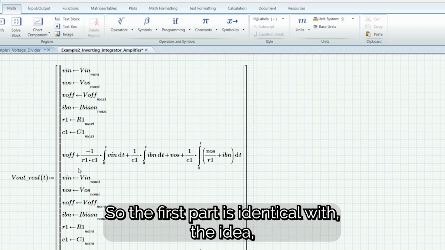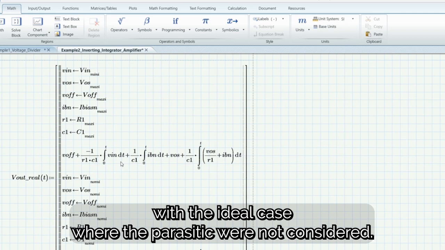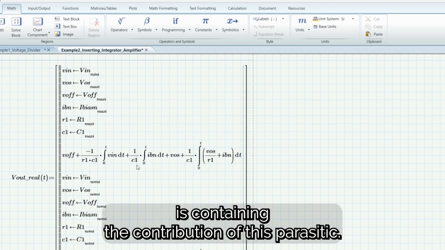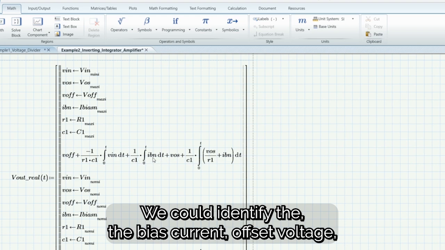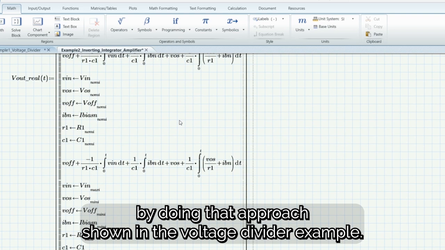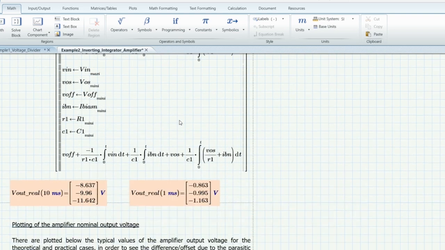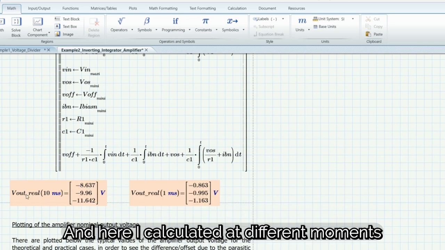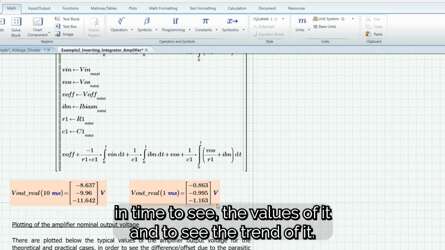The first part is identical to the ideal case where the parasitics were not considered, and the second part of the formula contains the contribution of these parasitics. We can identify the bias current and offset voltage. By using the approach shown in the voltage divider example, we can get the maximum and the minimum values for this output voltage, and here I calculated at different moments in time to see the values and the trend of it.